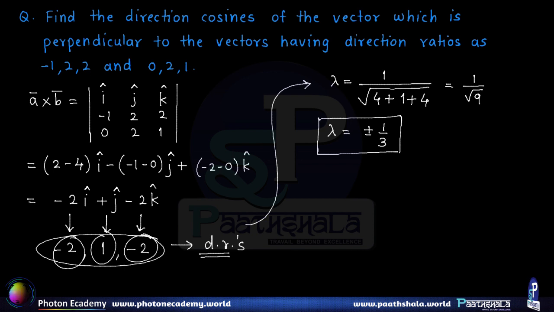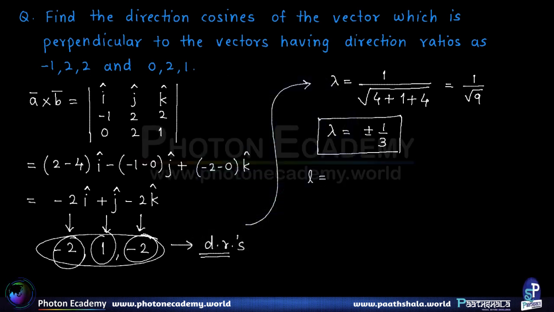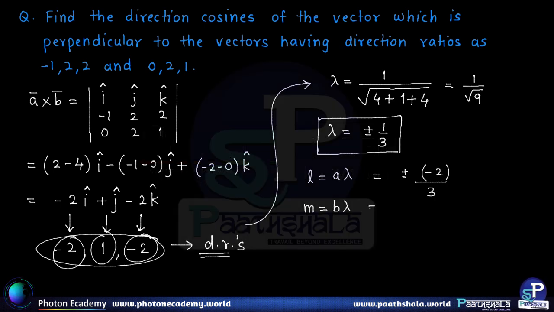Correct? So now we know that l is equal to A lambda. Therefore here we get l is equal to plus or minus -2 upon 3, then m is equal to B lambda, that is equal to plus or minus 1 upon 3, and n is equal to C lambda, which is equal to plus or minus 2 upon 3.